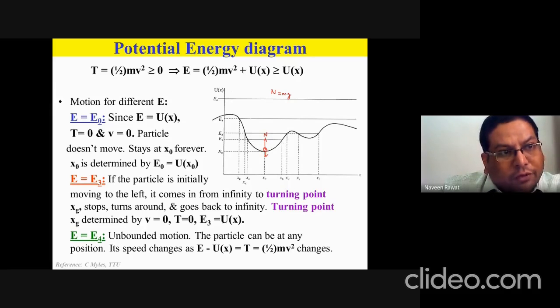If you provide a force, then it can go to a certain extent along this parabola, and then it will do the rocking motion back and forth, just like how we did in the spring, right? If you perform the experiment of the spring, we had the extra mass attached to the spring. It stretches the spring to a certain extent, and then an equilibrium condition is attained.